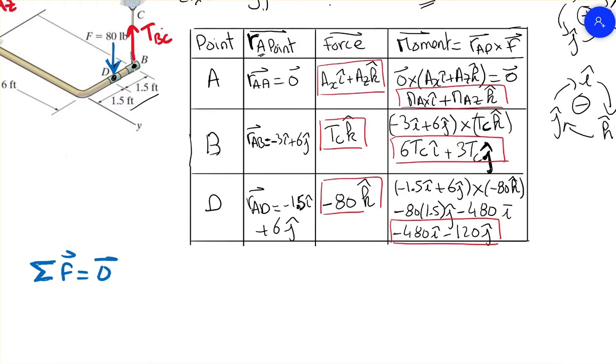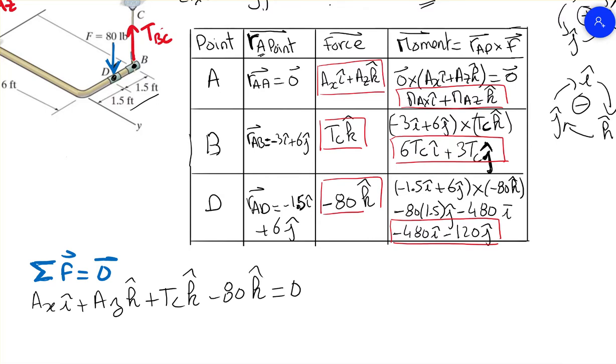What do we write there? We write AX i hat plus AZ k hat plus TC k hat minus 80 k hat is equal to 0.